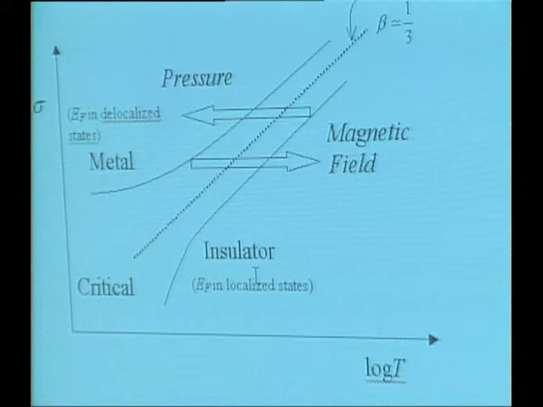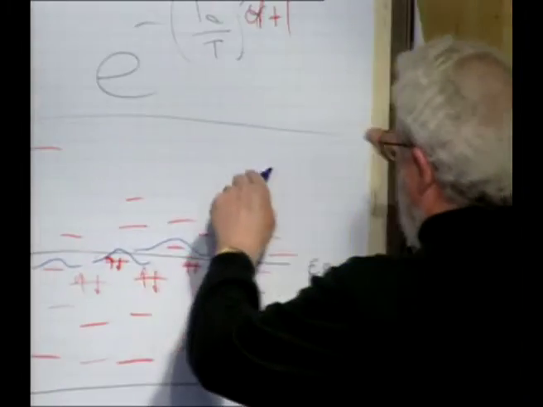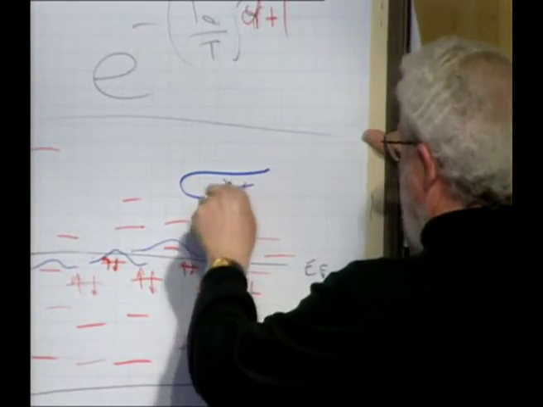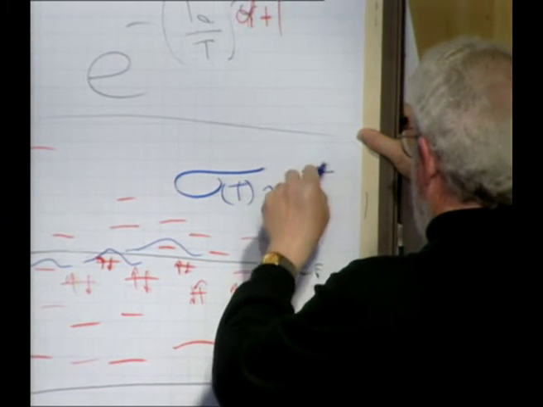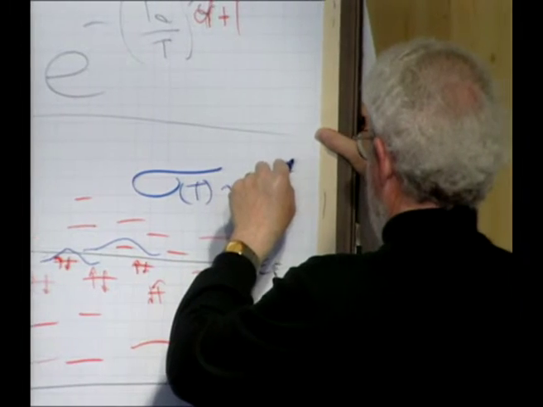So for this dashed curve, at that point, the conductivity versus temperature is proportional to T to the beta.